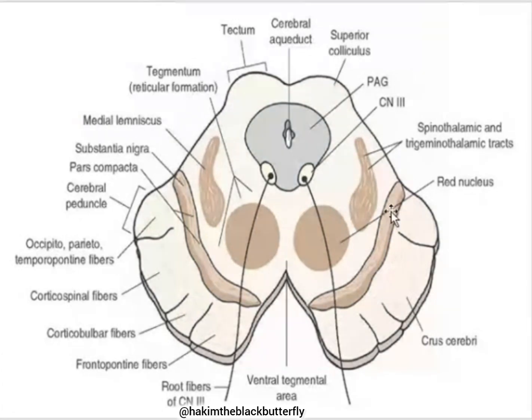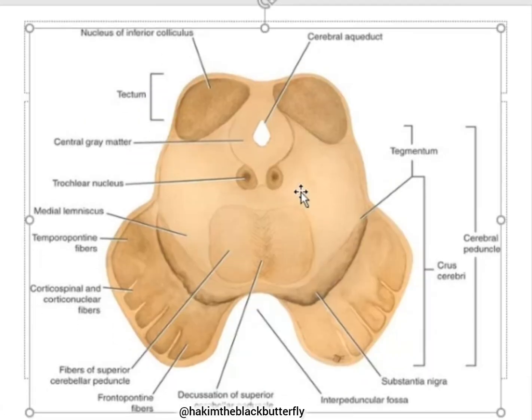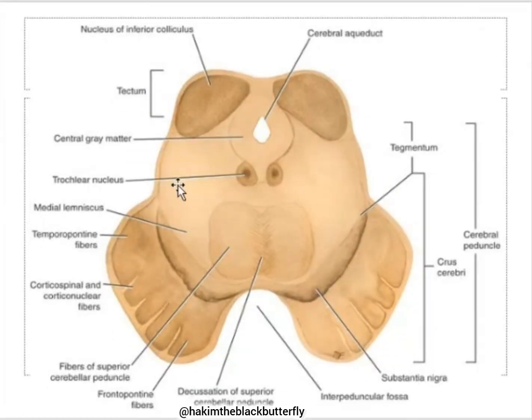Then we have our substantia nigra. It has what we call the pars compacta and pars reticulata. Then we have the crus cerebri. The difference between these two sections is within the tegmentum; the rest may be the tectum. Here you see the inferior colliculi and the trochlear nerve nucleus.